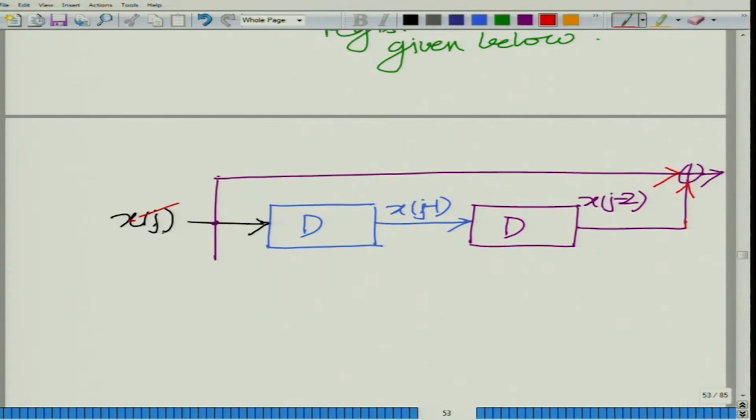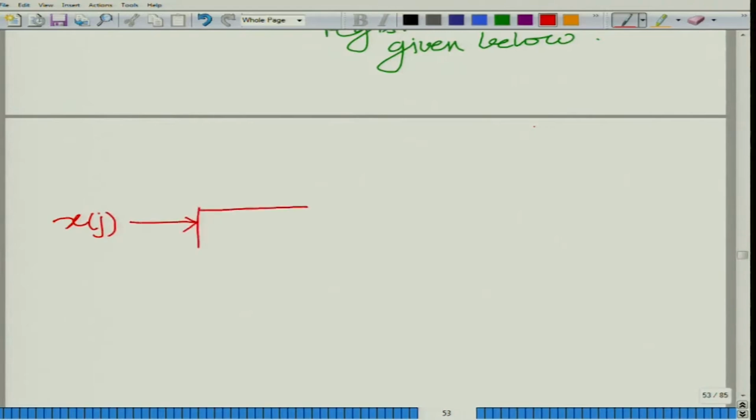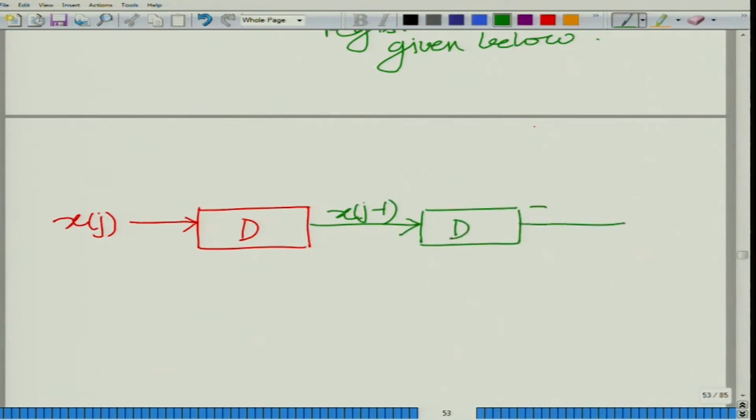Let me draw this again for the sake of clarity. So I have x of j, delay, that gives me x of j minus 1, delay, that gives me x of j minus 2.